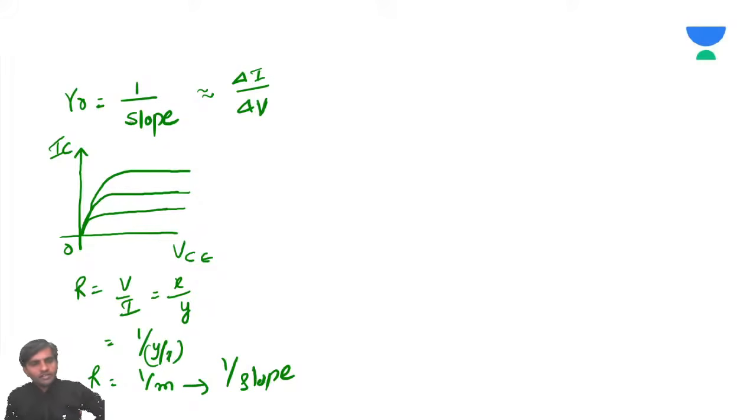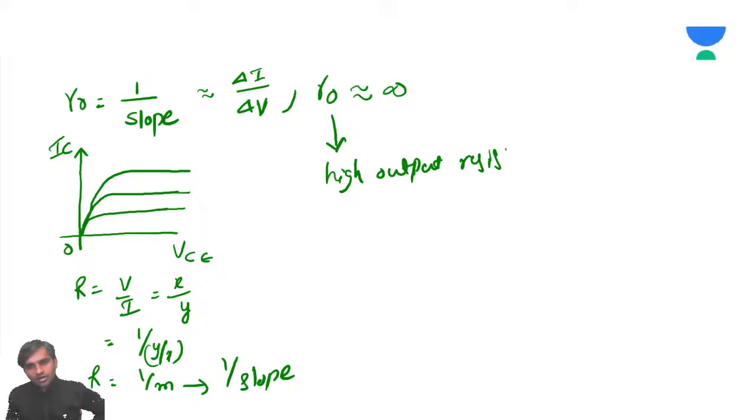So when the slope is very small, R naught is almost equal to infinity. When R naught is infinity, it means high output resistance.